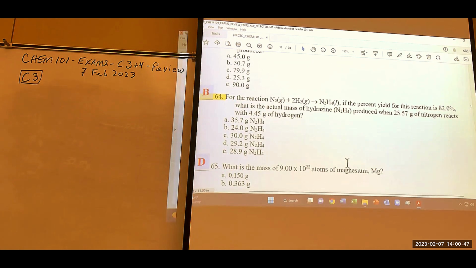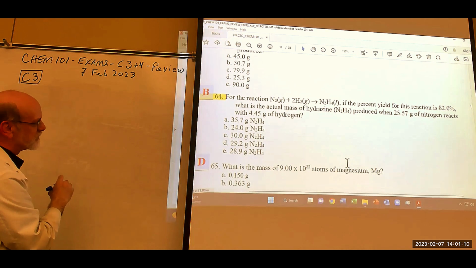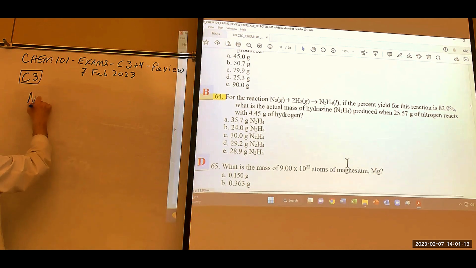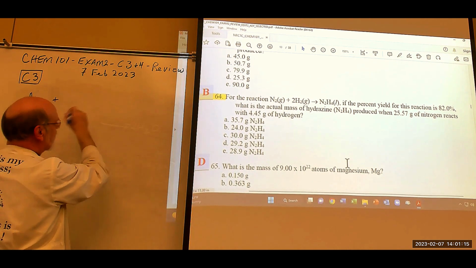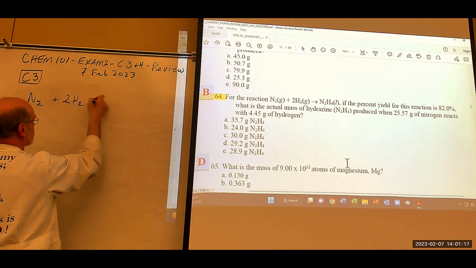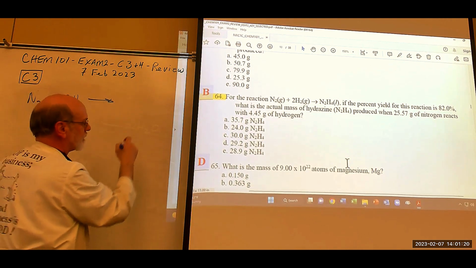64. We did one like this at the end of the chapter discussion, at the end of the PowerPoints, where we work backwards. I think. Did we do that? That's too long ago. Okay, for this reaction, N2 plus H2 yields N2H4 liquid, and I'm leaving out the phases again.